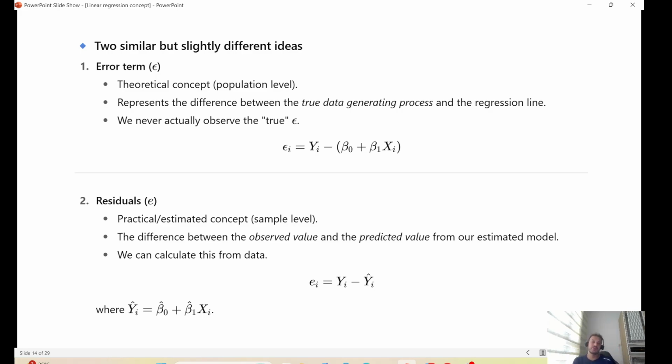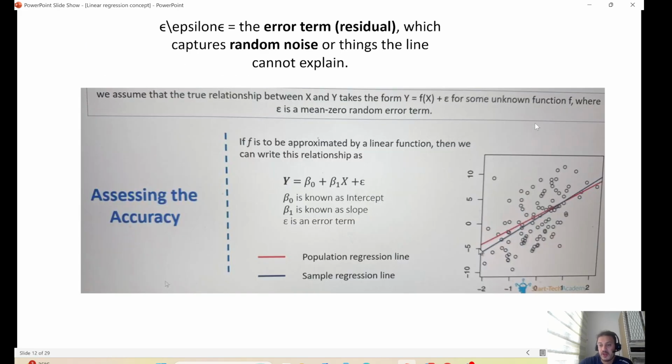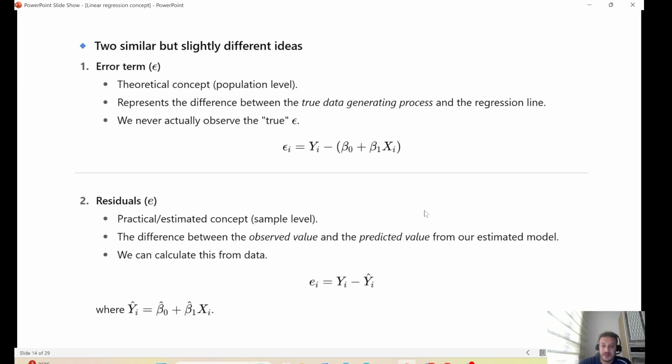Okay, and I need to differentiate between two things. What is the error term? What is the residual? So the error term epsilon is the difference between the true data generating process and the regression line. Don't mix them up. This is the true regression line, and the difference between the true regression line and this regression line is the epsilon, and this one cannot be calculated.